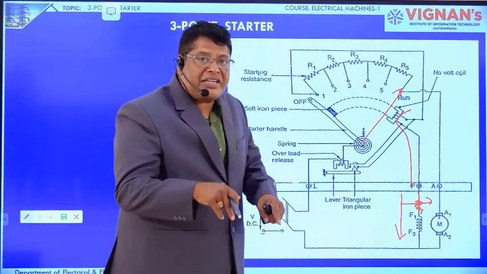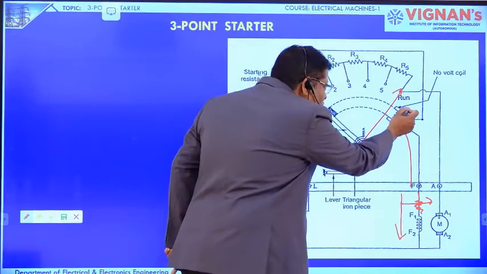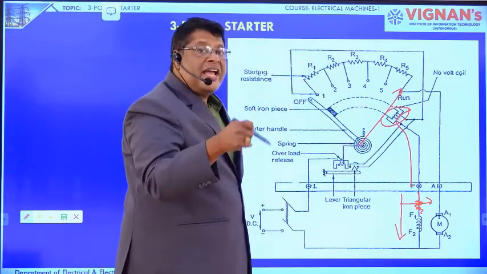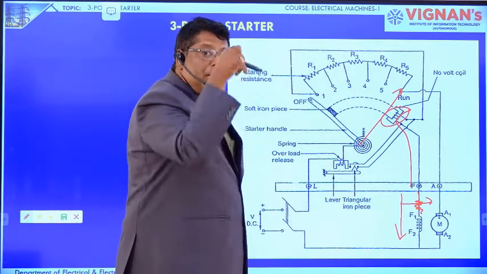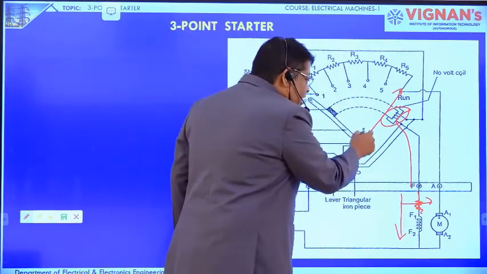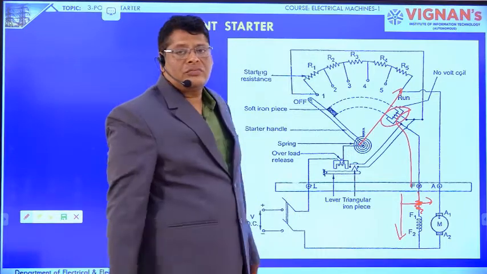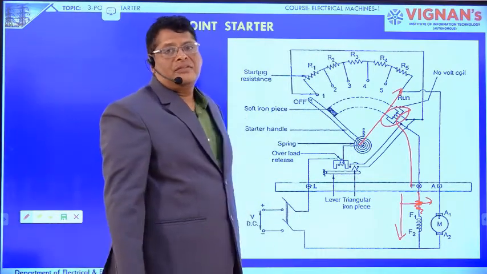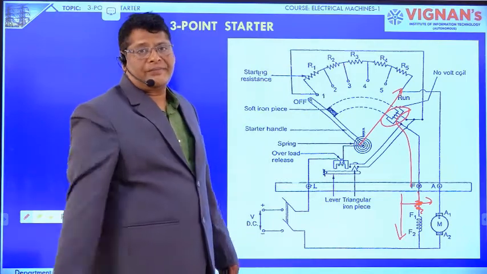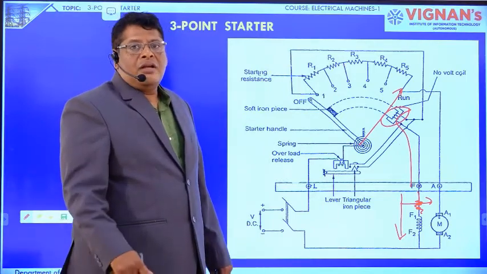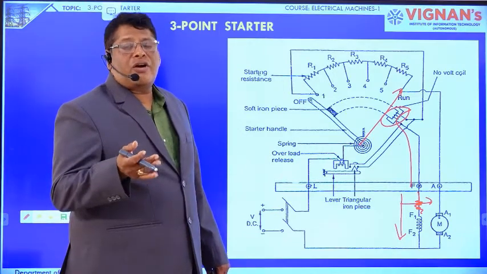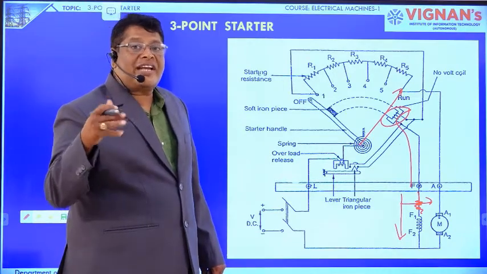So when the current decreases, the attractive force offered by this electromagnet will be low against the spring force. Automatically the handle will come to the off position. That is the disadvantage of the 3-point starter. If you use the 3-point starter for the DC motor, we can't run the motor at higher speeds.